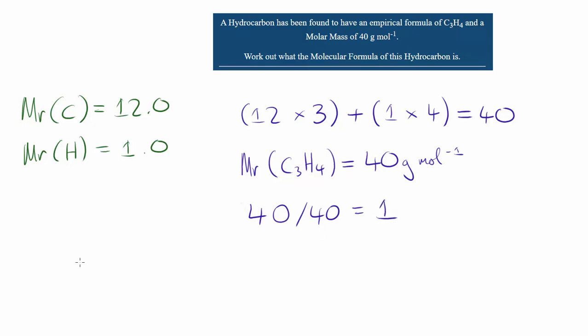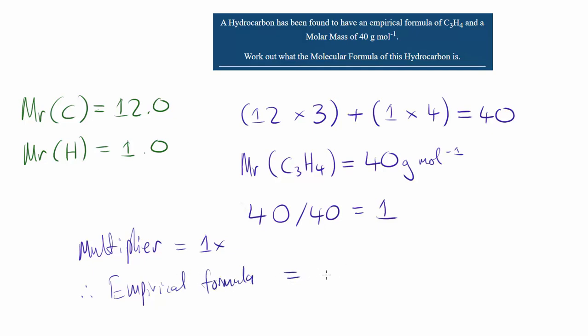So the multiplier is equal to 1x, and therefore the empirical formula is equal to the molecular formula.